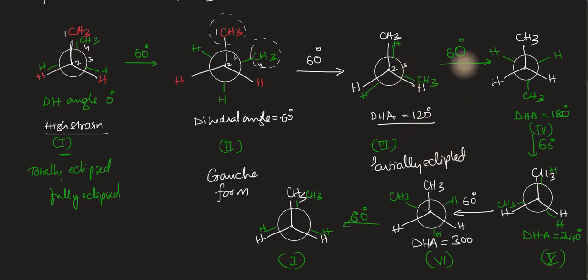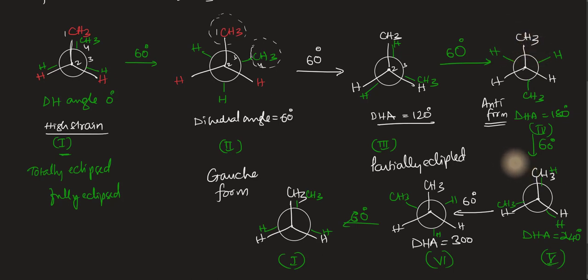So the next structure which we get is the most stable one, and it is called the anti form. This is the most stable form when the dihedral angle is 180 degrees, because all the groups are far away and there is minimum torsional strain as well as steric strain, because the alkyl groups are completely opposite in direction.